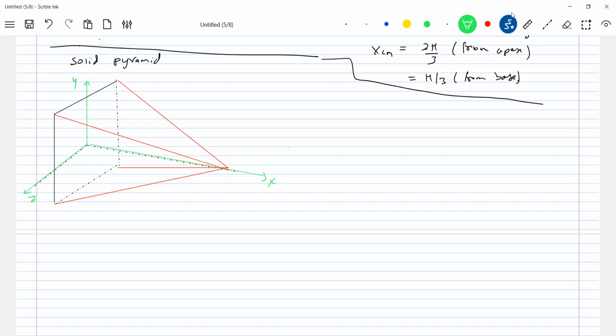Let the side length of this base be 2a, and h is the height. So let me give the symbols. This is the center of the square base, O, then this will be P, where OP is equal to H. H you should measure along that green color line. Okay, work out now.